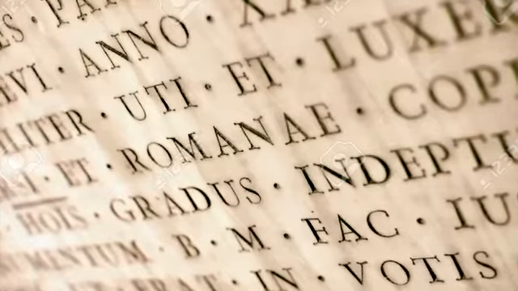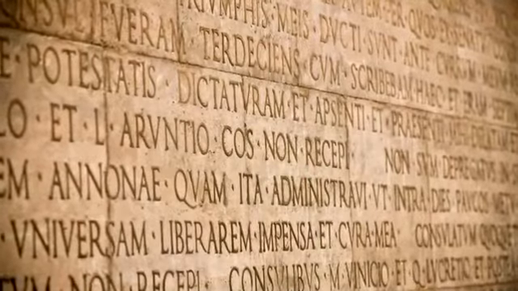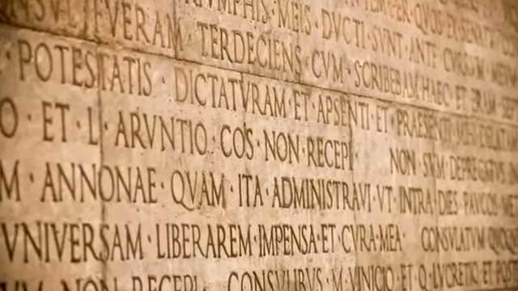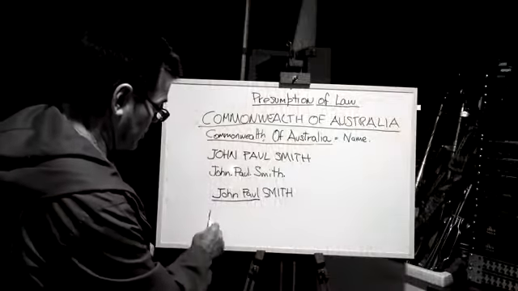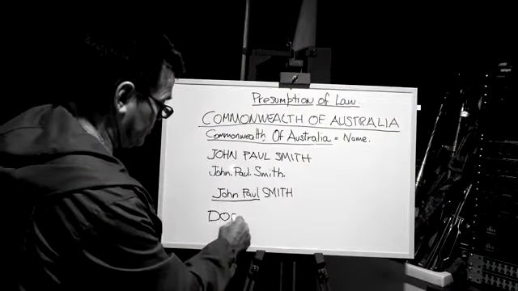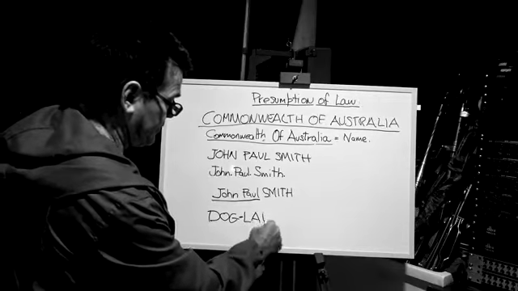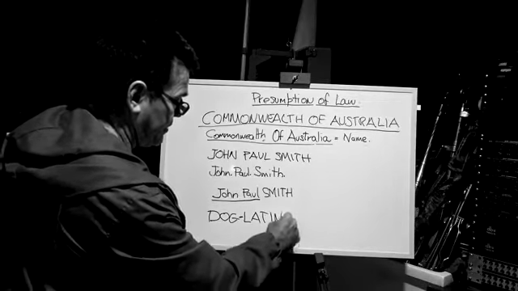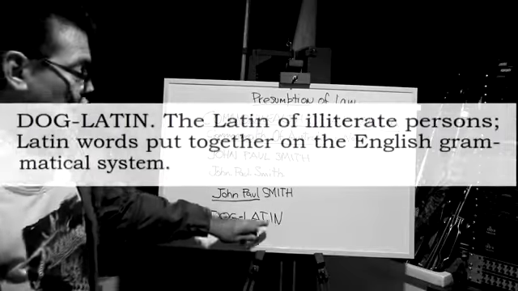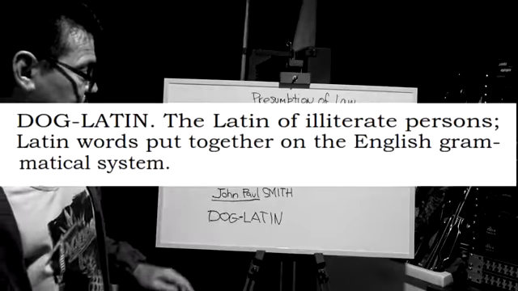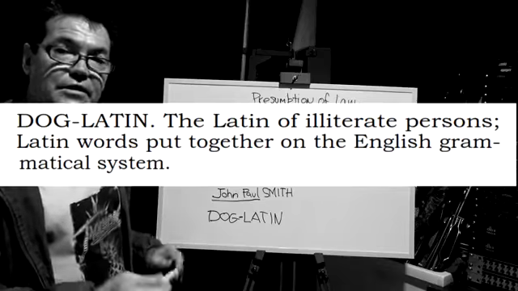The official language of man is the Queen's proper English. This, without the marks, is legally known in Black's Law Dictionary as dog Latin, and in English it's called debased Latin.